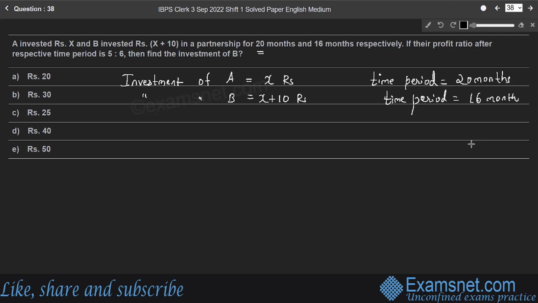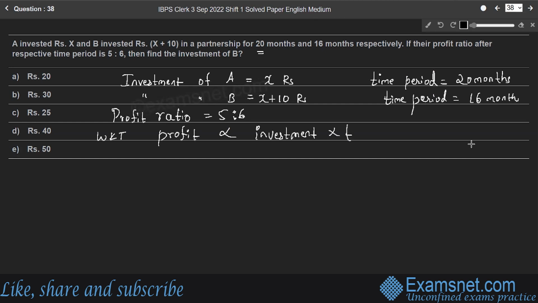Right? So the profit ratio is given as 5:6. So what is the profit ratio? The ratio of their investment into time. We know that profit is directly proportional to investment into time.